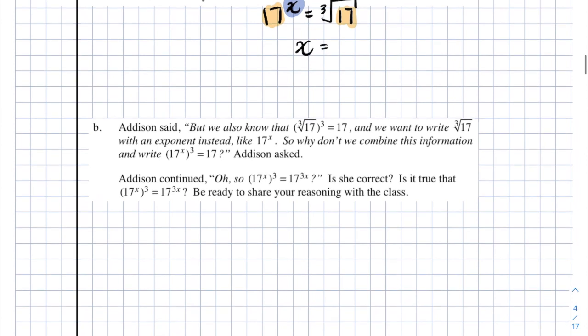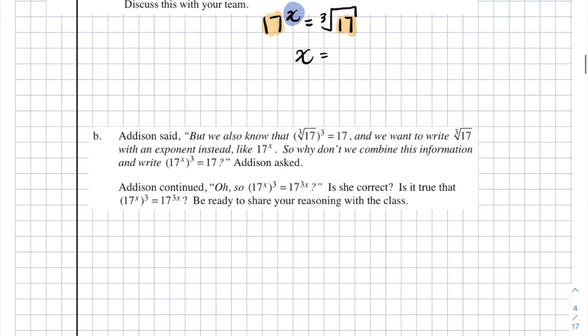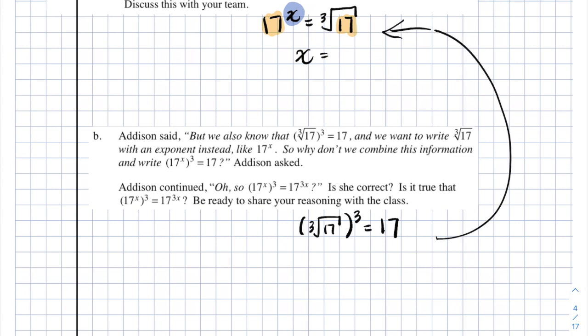So if we move on to B, there's a lot of things going on here. The first part is saying that the cube root of 17 cubed is going to be 17. So we have to go back and look at this problem.